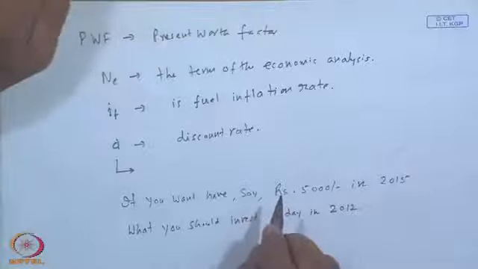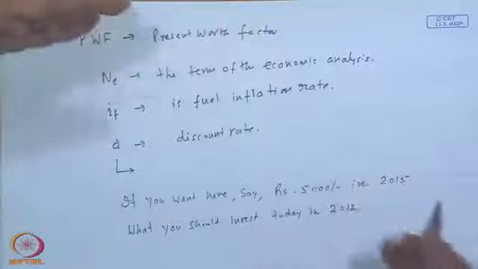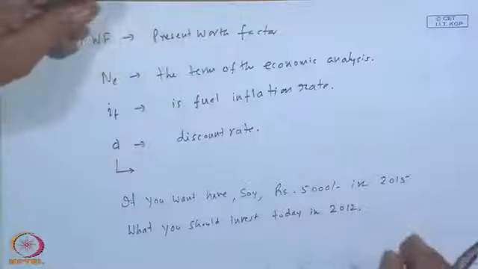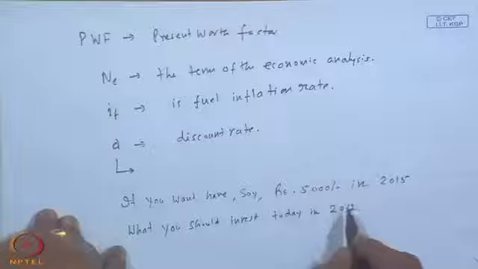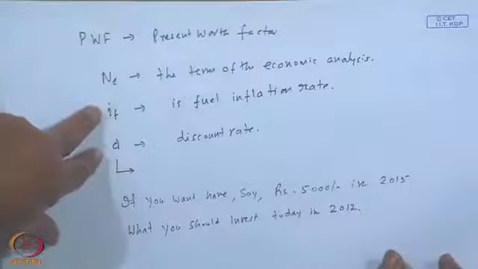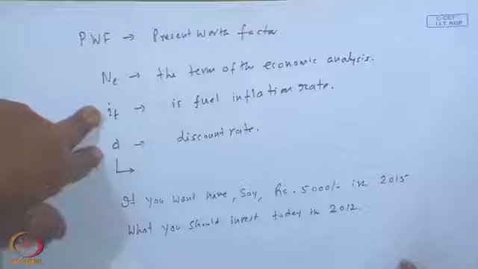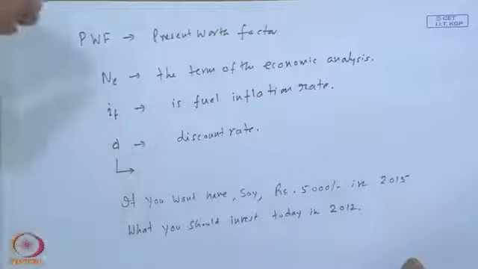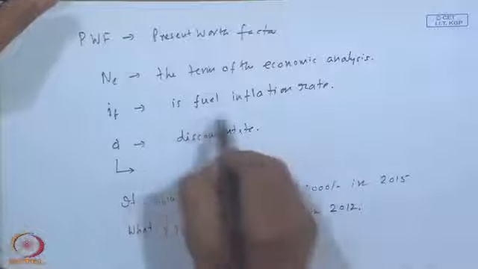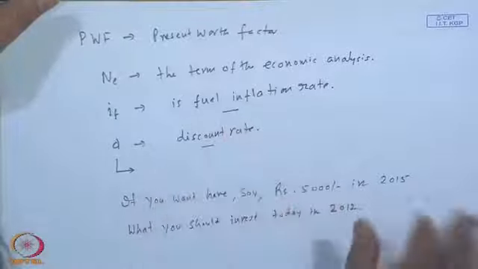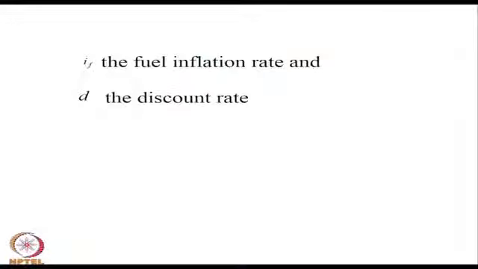So, you want to have 5,000 rupees 3 years later from today. So, that 5,000 rupees is discounted and it becomes 3,832, whatever is the number, in 2012 terms of money. Okay? So, there is a good chance that the inflation rate and the discount rate are equal, and in general it should be the same if you are talking about overall discount rate and overall inflation rate, but since you are talking only about the fuel inflation and the discount rate in general, these things will differ in calculating your P1 and P2.